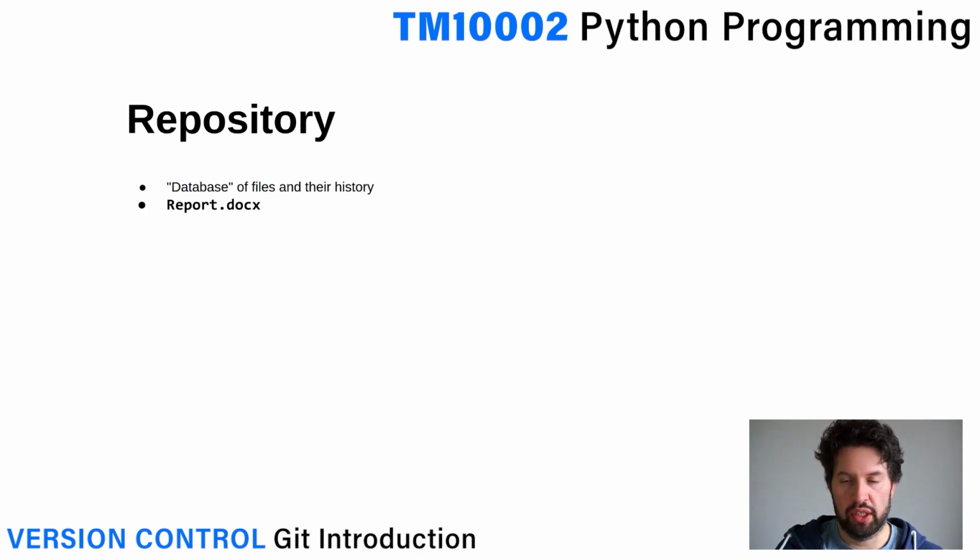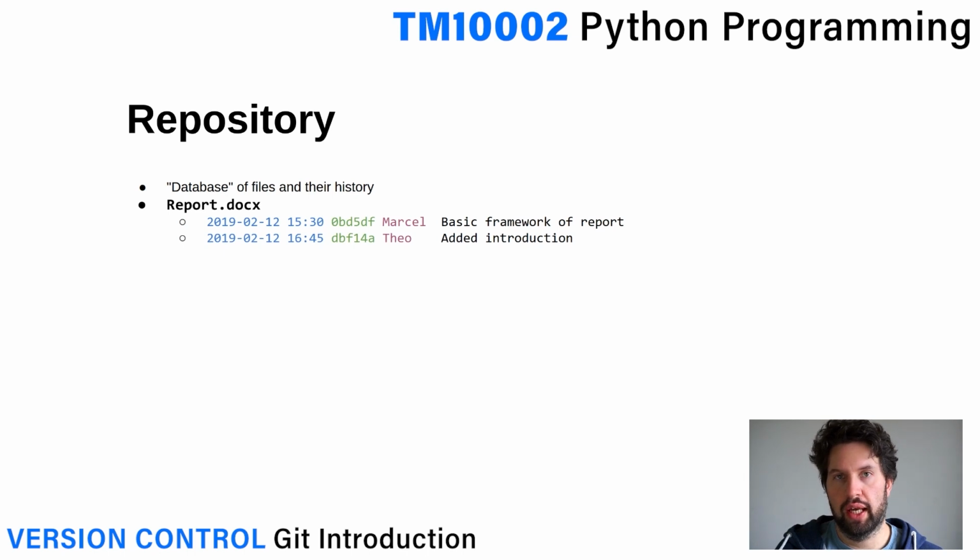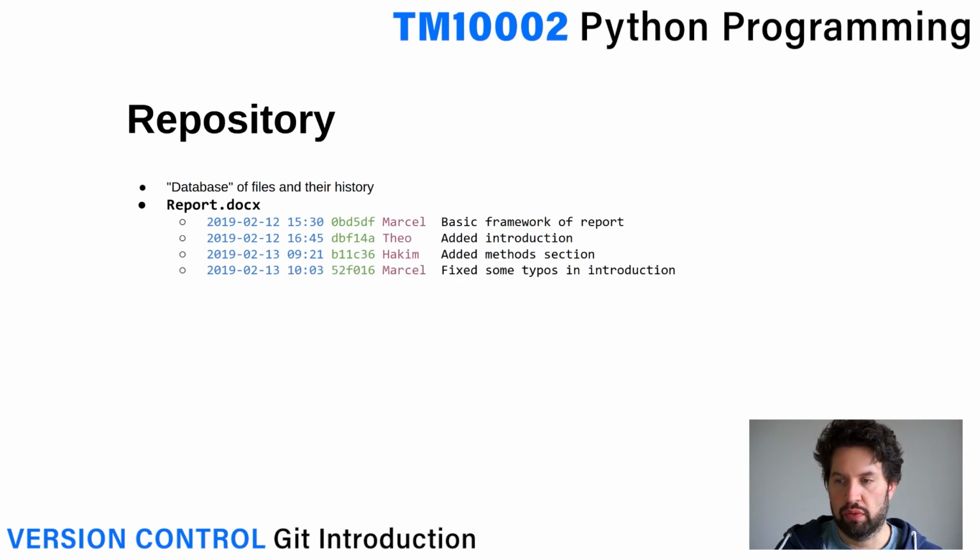Let's show an example like we could do with the report case we saw before. So here is the initial commit, basically. The first version of the report is entered in the repository. And then we add and change things to the report. Here you see that Hakim added a message section, Theo added the introduction, Marcel fixed some typos, something else, and so on.